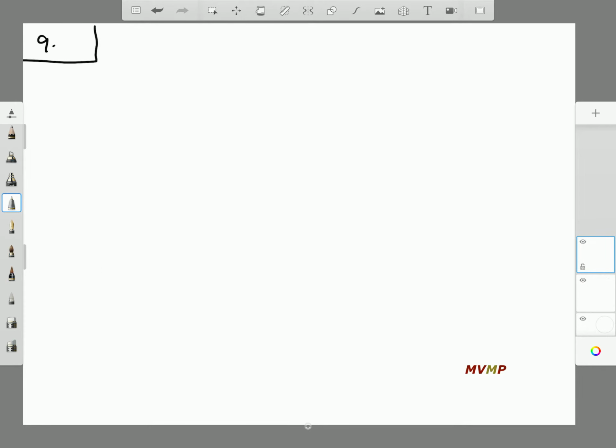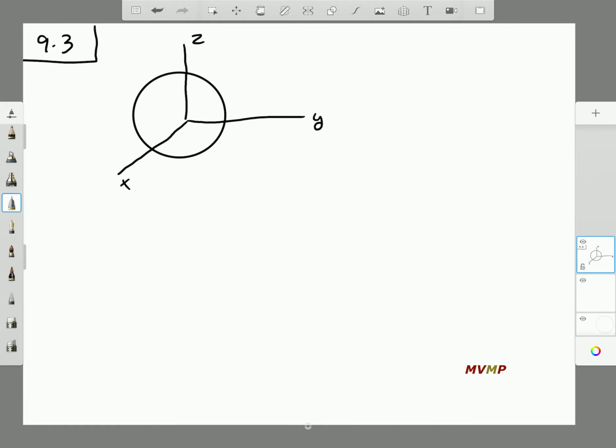Our next problem, 9.3. We are given a conducting loop that has a radius of 0.2 meters and a resistance of 4 ohms, and it lies in the XY plane.